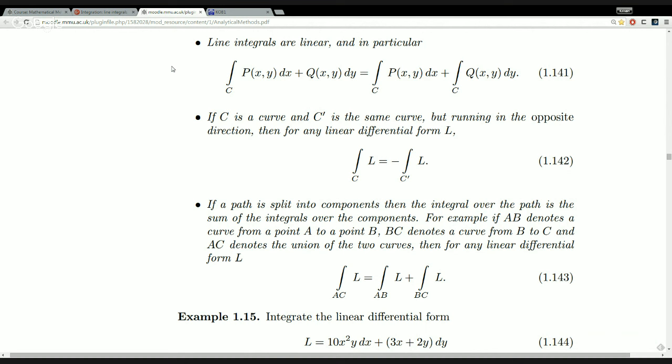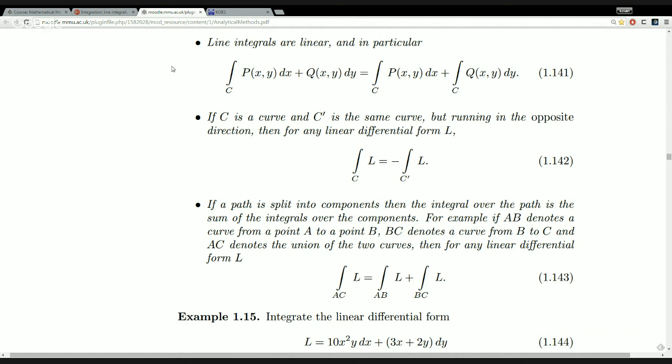It's a general feature of integration. I was careful when I sketched the curve C, y equals x squared in the diagram there, to add an arrow to it to indicate the direction of the curve, because in integration, part of the specification is that we're integrating from this start point to this end point. So the direction of travel along the curve is important. And there's a nice relationship between integrating along a curve in one direction and integrating along it in the reverse direction.